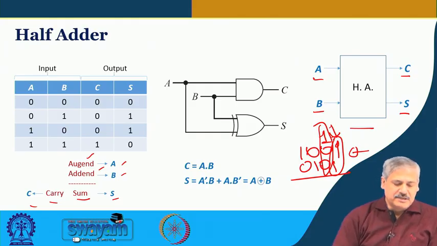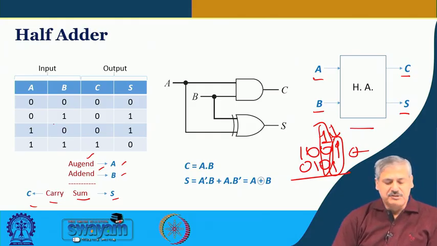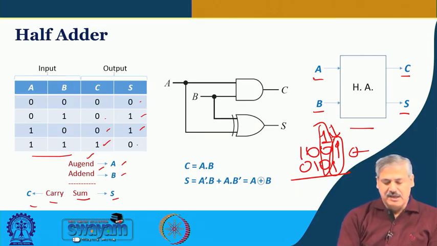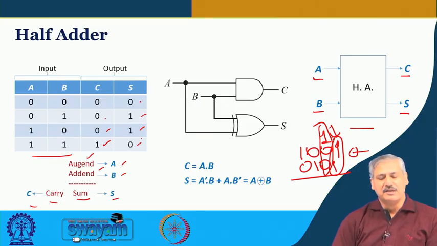There are 4 possibilities at the input: 0 0, 0 1, 1 0 and 1 1. For 0 added with 0, carry is 0, sum is 0. For 0 added with 1, carry is 0, sum is 1. For 1 and 0, sum is 1, carry is 0. And when both of them are 1, carry is 1 and sum is 0.